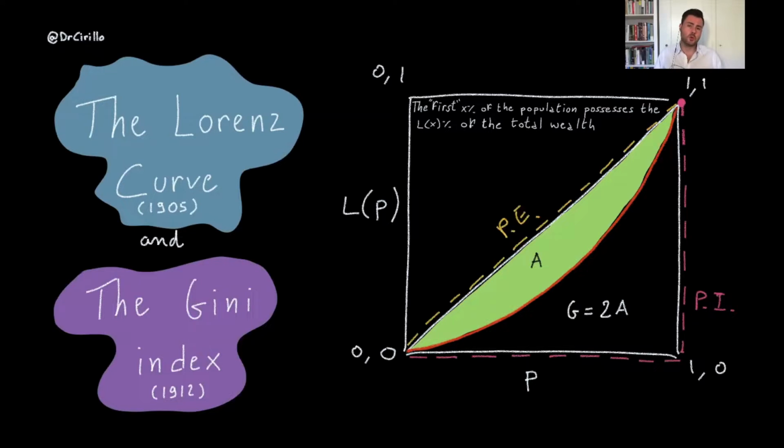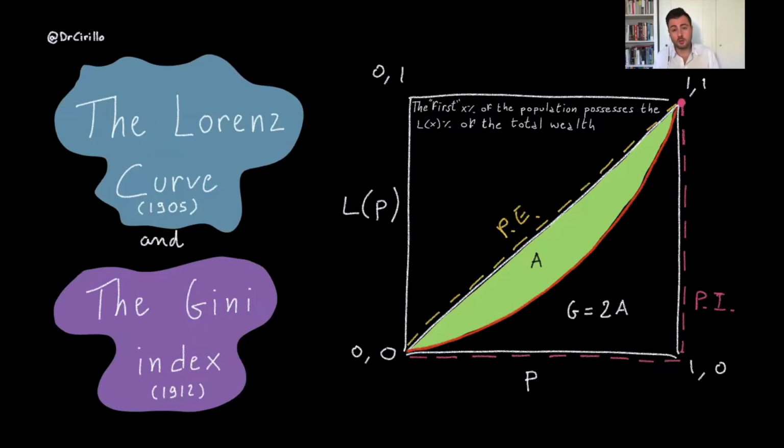So imagine that we are considering an economy made of 100 people. These people will have different levels of wealth or income. And what I do, I will just order these 100 people from the poorest to the richest. Okay? So that if I set P to be equal to 0.2, I'm just considering the first 20% of people.